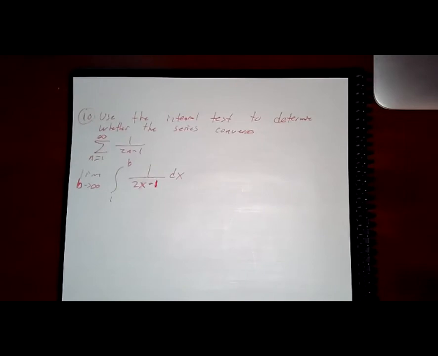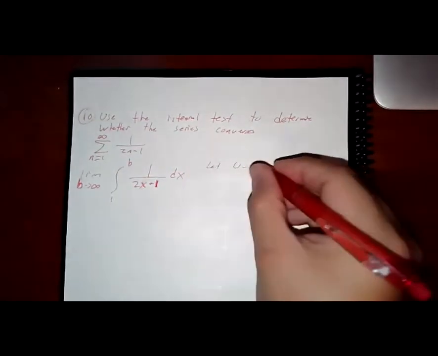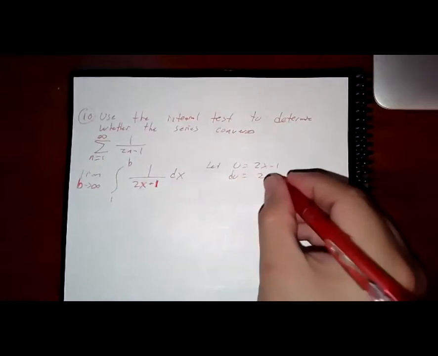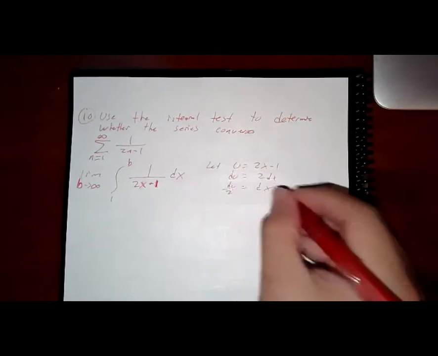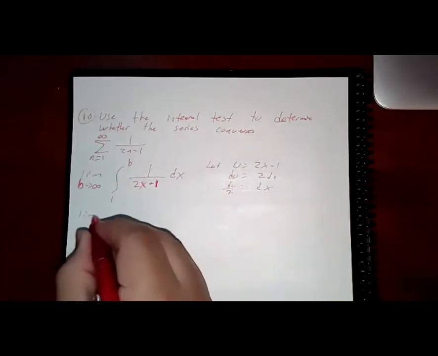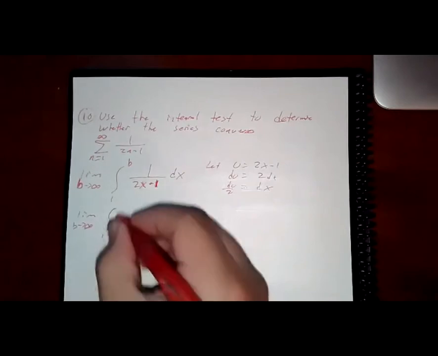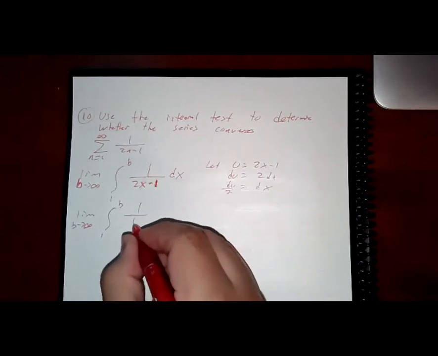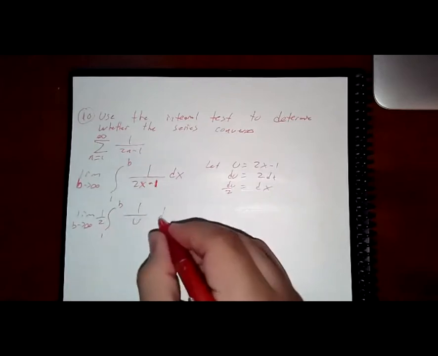U sub, the 2x minus 1. Let's do U sub. So let u equal 2x minus 1. du would be 2 dx, so du over 2 is going to be dx. So the limit as b approaches infinity, from 1 to b, of 1 over u, and du over 2, I'm going to put the half. Skip a step there.